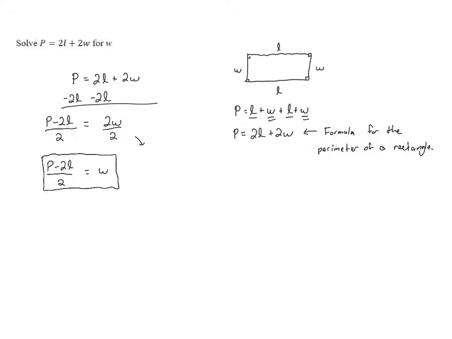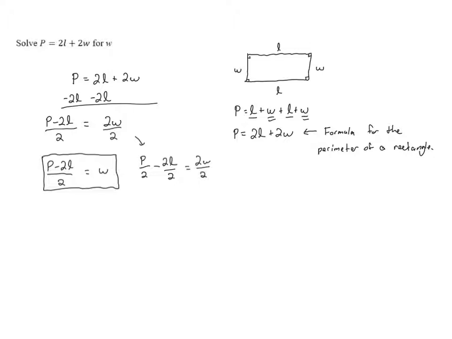If instead, when we divided by 2, we divided each term individually by 2, it gives us something that looks a little bit different. So here I'm still dividing by 2, but instead of taking the P minus 2L and just putting a 2 underneath, I'm taking each term individually and dividing them by 2. Also a perfectly acceptable way to do this.